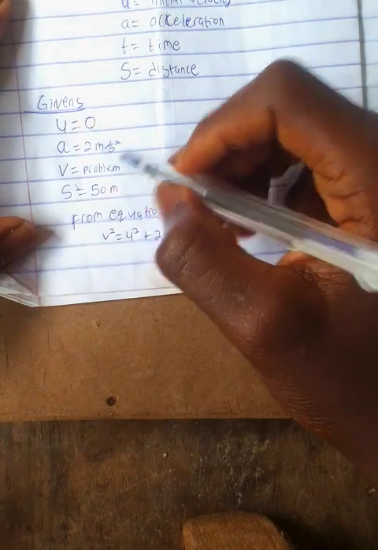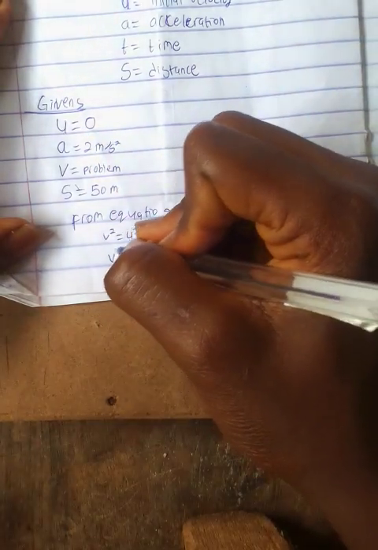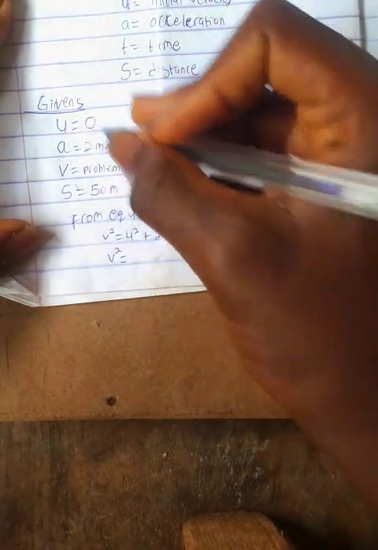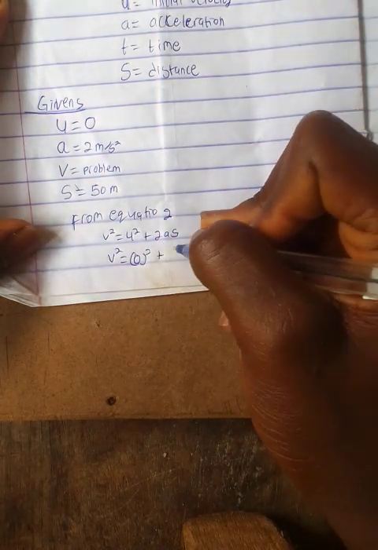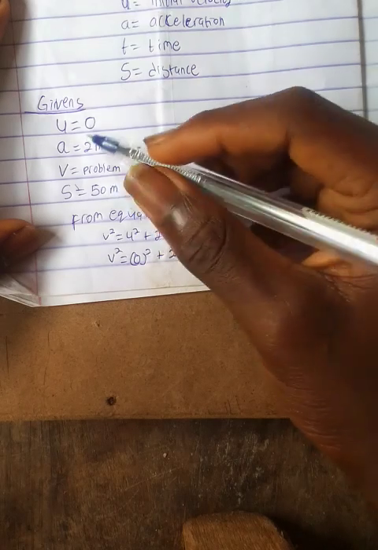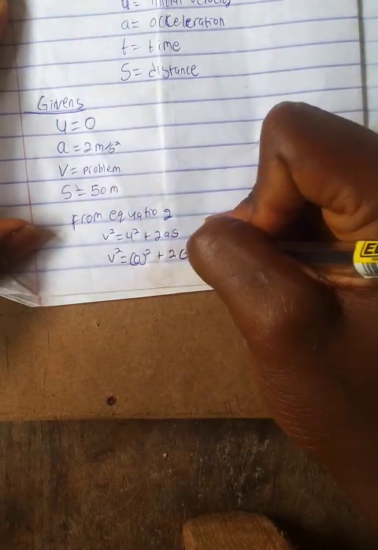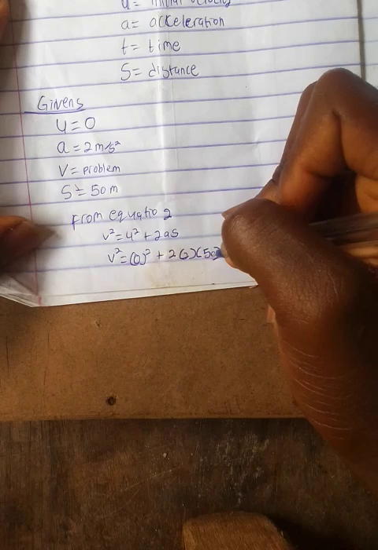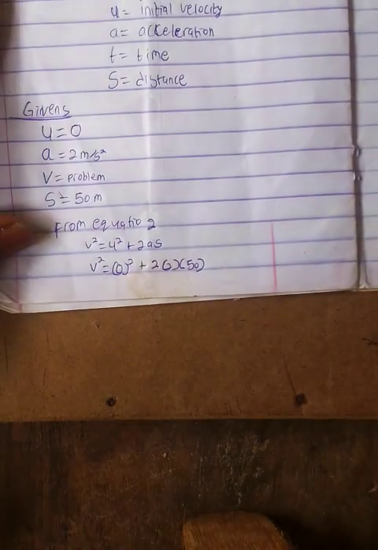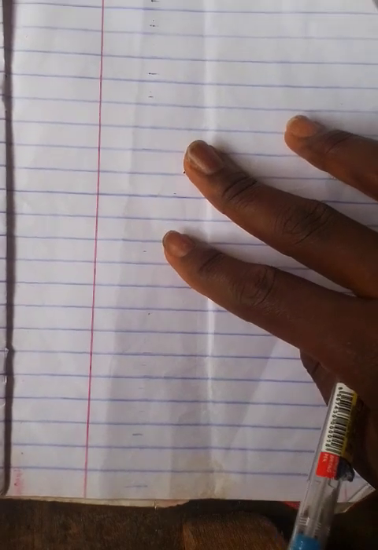V is the problem. So v squared equals u squared. U is 0, so it is 0 all squared. You substitute the values: 2 multiplied by the acceleration, which is 2, multiplied by the distance, 50. You continue on the next page, as the space cannot contain it.